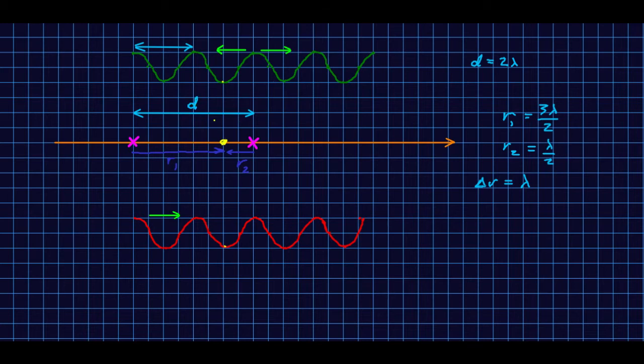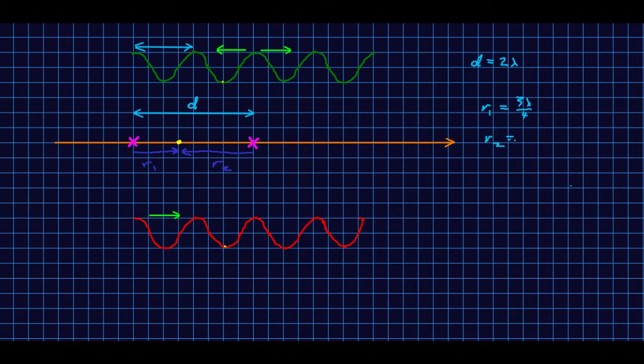On the other hand, if we look, say, here, now we have an R1 like so, and an R2 like so. And our new R1 at this point is 3/4 of a lambda, 3 lambda over 4.